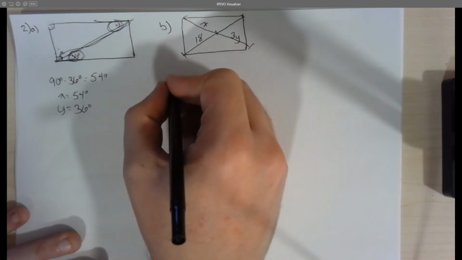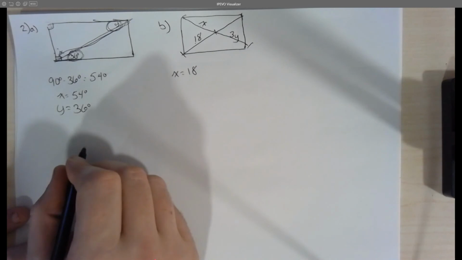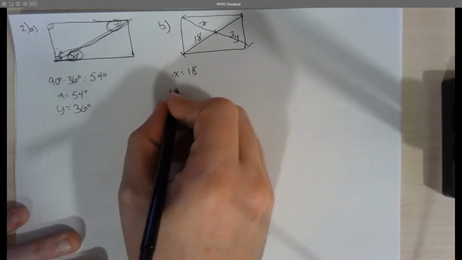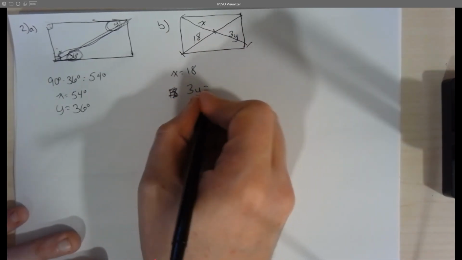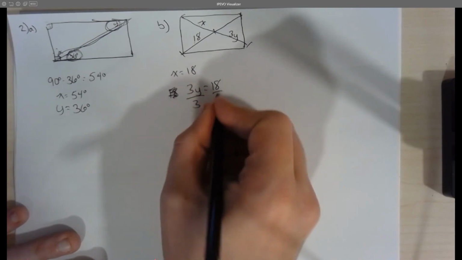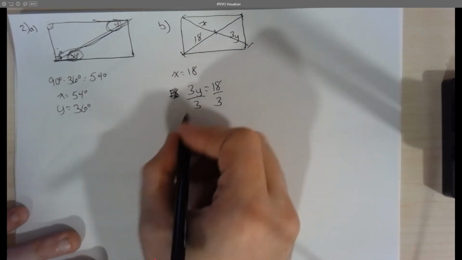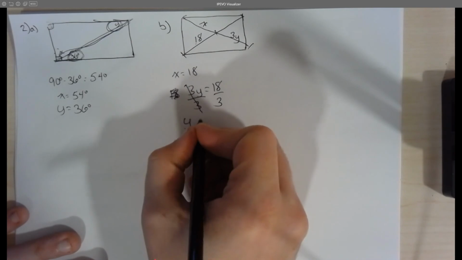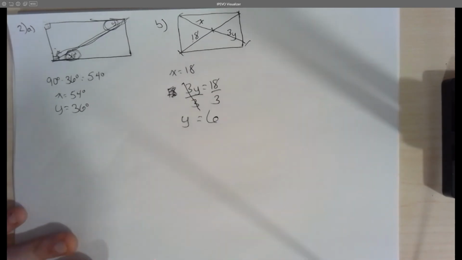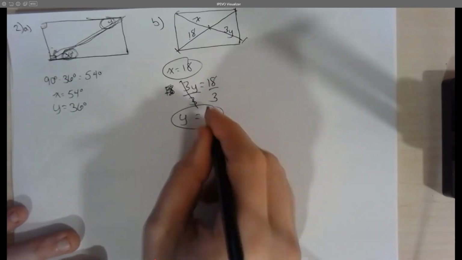So if this is 18, then x also has to equal 18, which means that 3y also has to equal 18. Divide both sides by 3, and you figure out that y has to now equal 6. So we now have our answer for x and our answer for y using that rectangle.